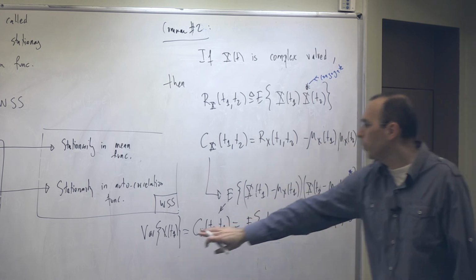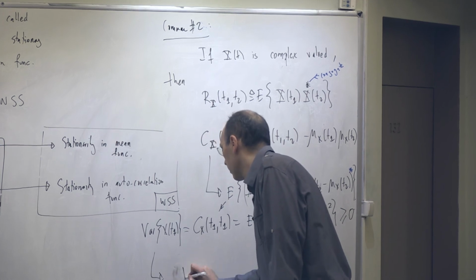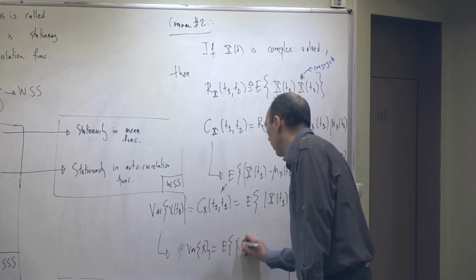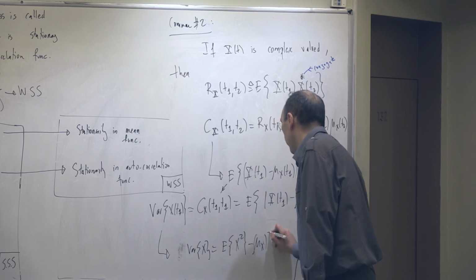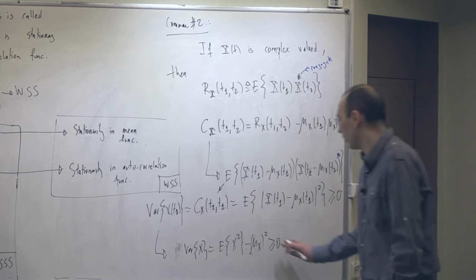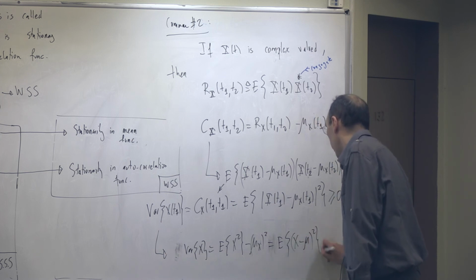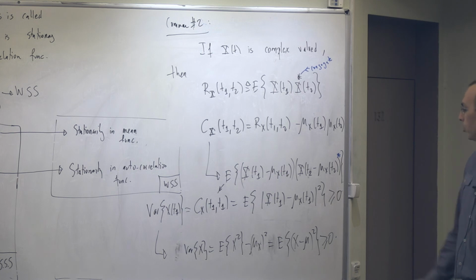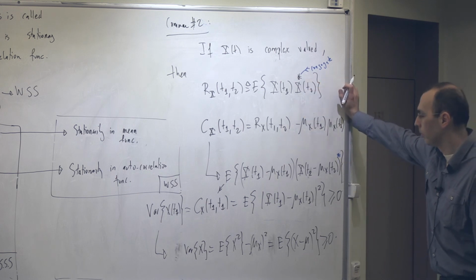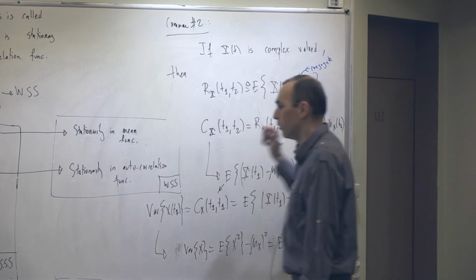But at the end, to be compatible with these variance definitions, please remember, the variance for usual random variables, let's say x, is the expected value of x minus mu x, parentheses squared. And we know that this is always greater than 0. To be compatible with that, we are putting these conjugates essentially. Otherwise, variance can become complex valued, and a complex valued variance will not be useful for our purposes.